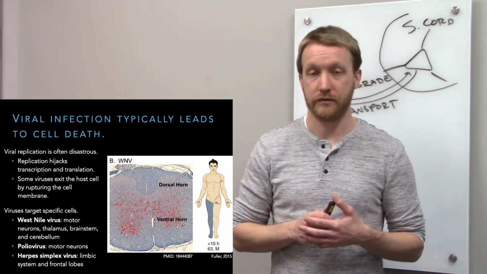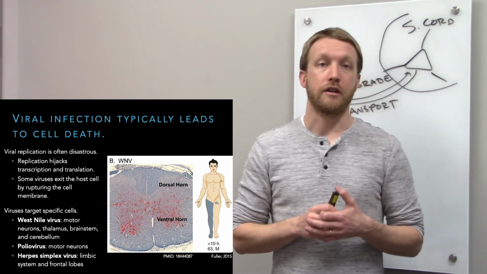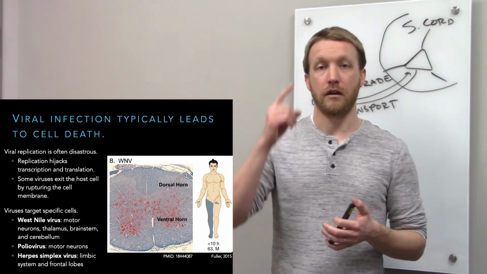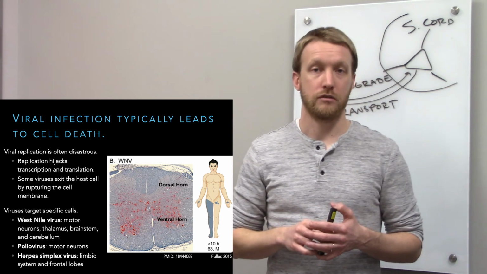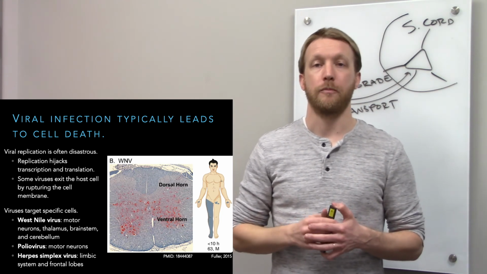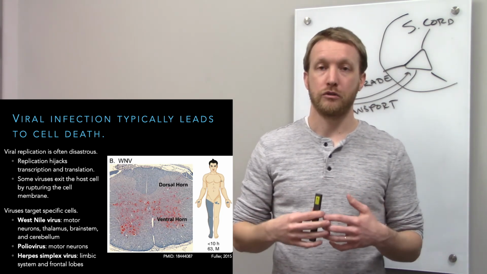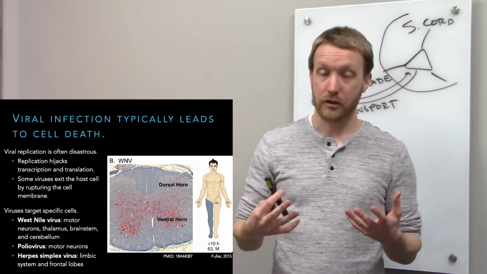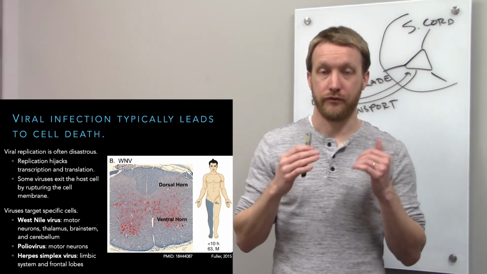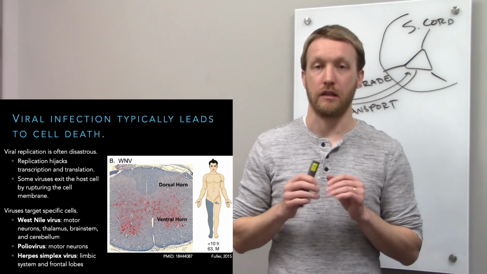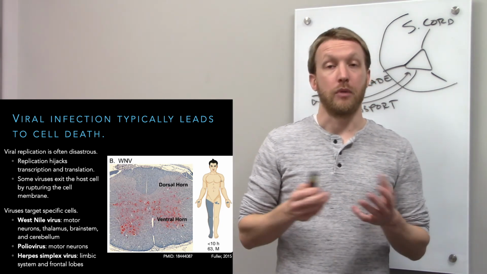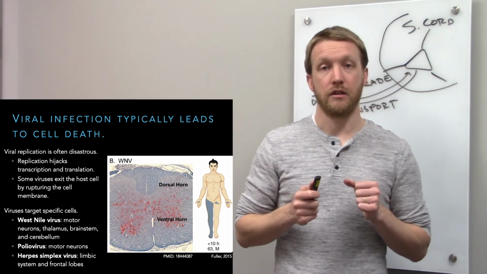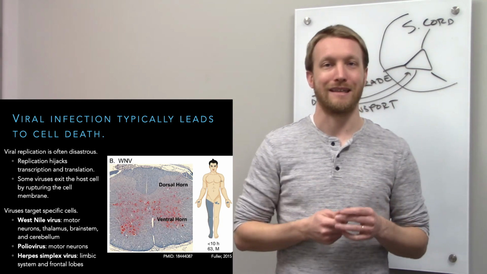Herpes simplex virus, rather than targeting motor neurons, is going to target neurons in the temporal lobes, also the frontal lobes. So we're going to target emotional, memory and language areas. So we're going to see profound memory deficits and language deficits with herpes simplex virus infection. In both cases, we're infecting and killing off neurons, but again, location is key here.